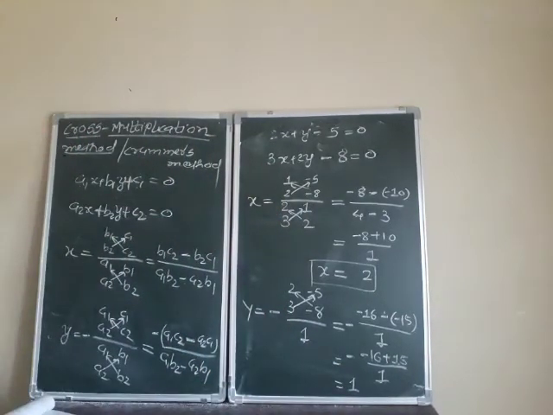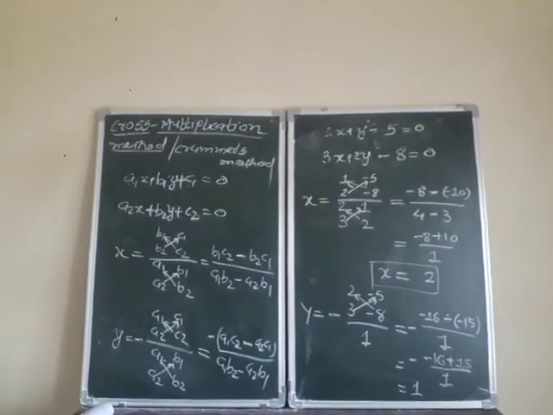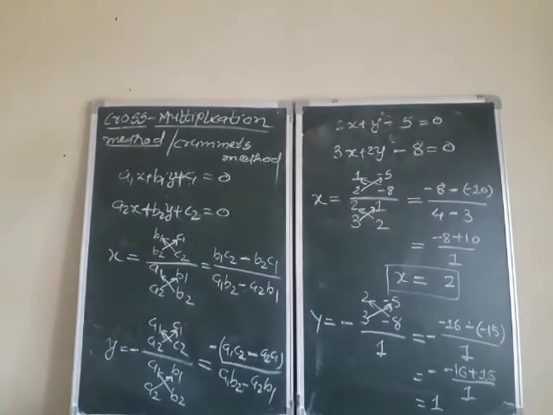So the final solution is y equal to 1. Please complete these examples. The theoretical details are on the first board, and the theoretical solution with details is on the second board. Okay, please.